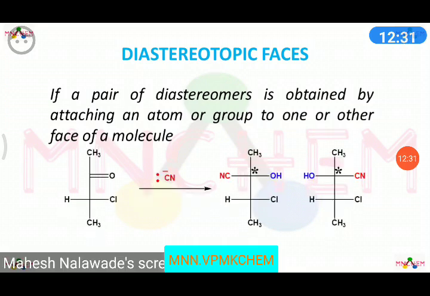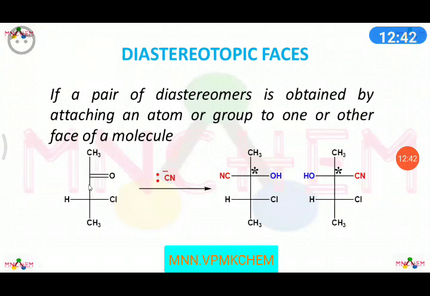we take this molecule where again we will do the nucleophilic substitution at this carbonyl carbon. A new chiral center is generated, and the two products formed are diastereomers of each other.